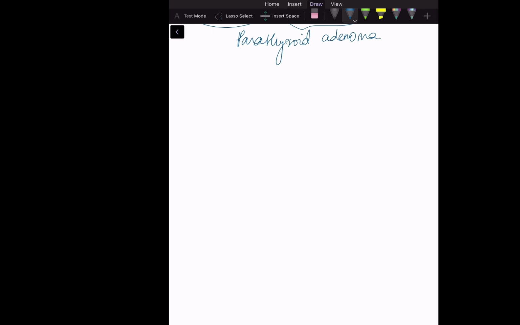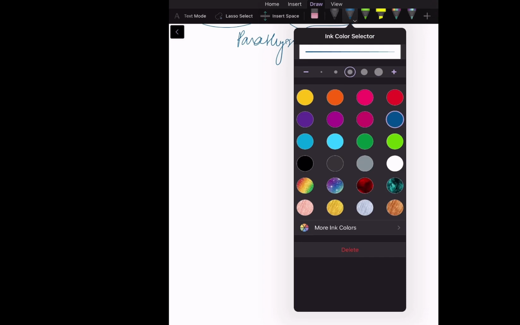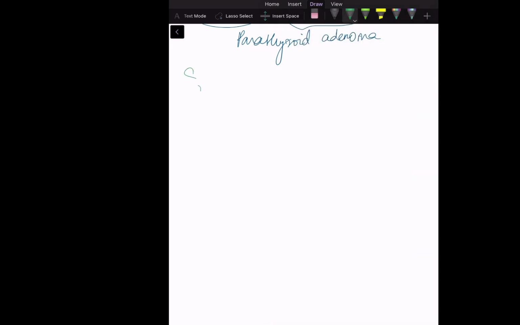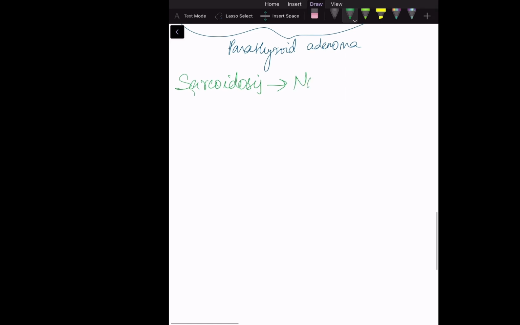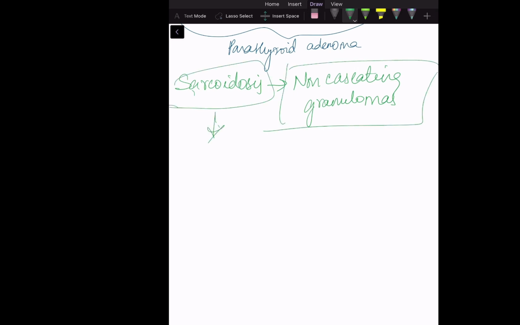Then we come to the other part, that is sarcoidosis. What is it? It is non-caseating granulomas. In this case, there will be more synthesis of vitamin D3.